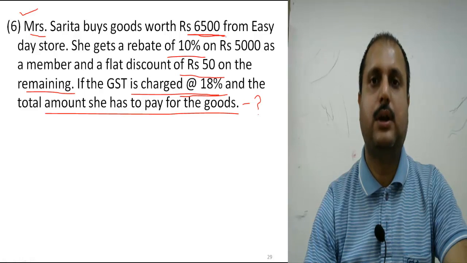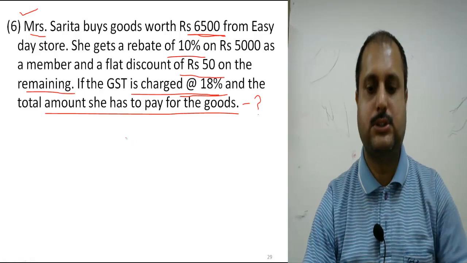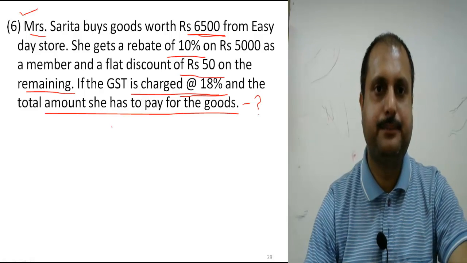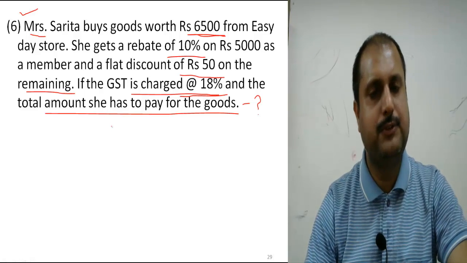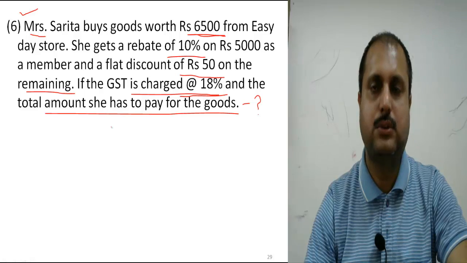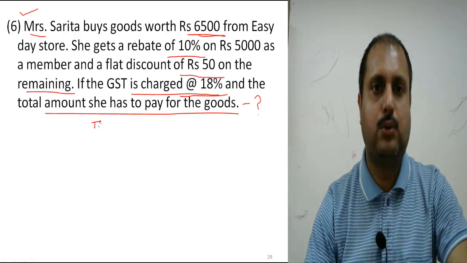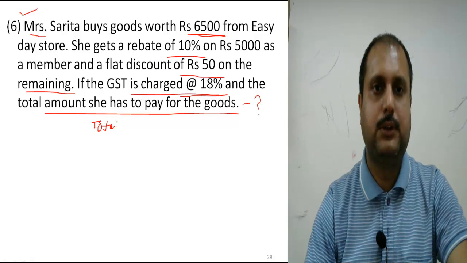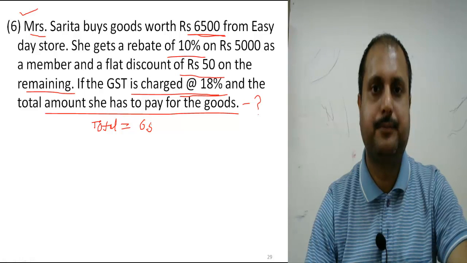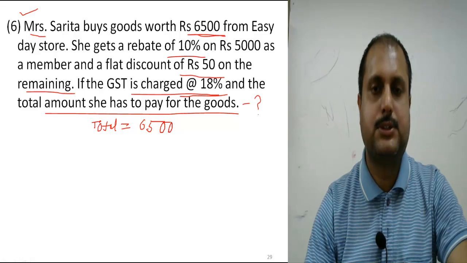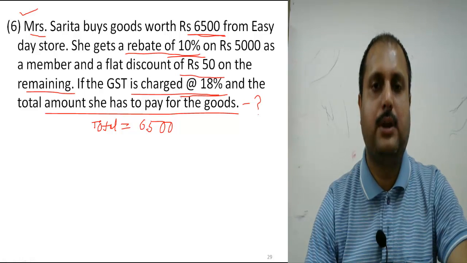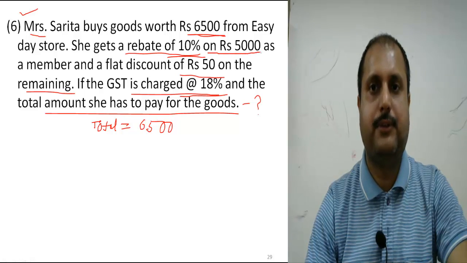So now 6,500 is the total amount of the goods. This question is going to be a very easy one, if you have understood the question. Now she gets a rebate of 10% on 5,000.